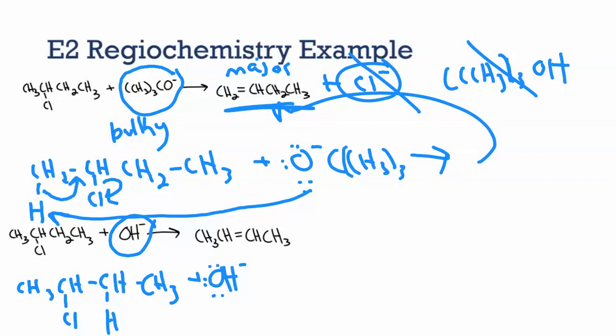And then I can make the most stable product. So I'm going to take the hydrogen, the C-H bond will break, form the double bond in the middle now because we're making the most stable product. And then the carbon-chlorine bond will break, and chlorine will come off.